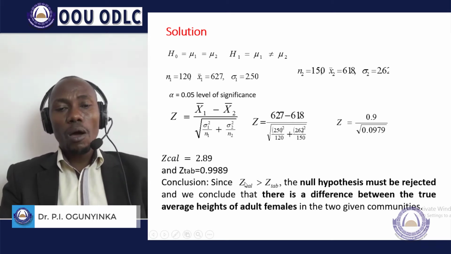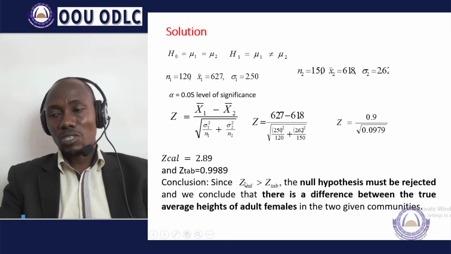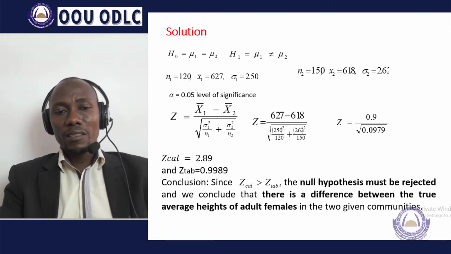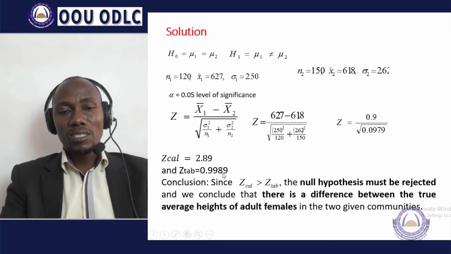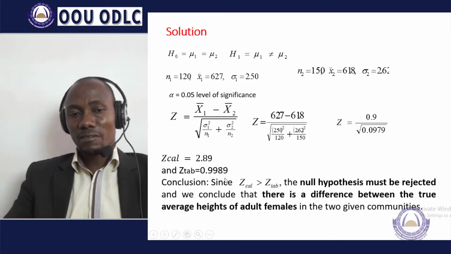From the normal distribution table, you will obtain the tabulated value of Z to be 0.9989.